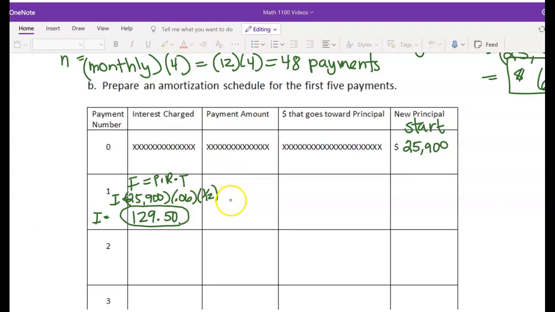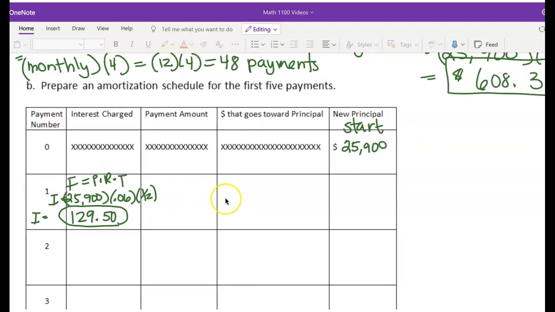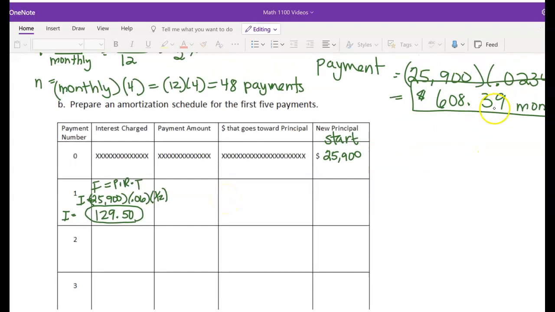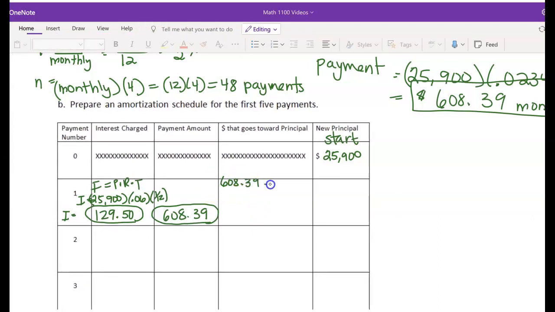The payment amount we just calculated was $608.39. So that goes here. The money that goes towards our principal is to take our payment, $608.39, and we're going to pay off that interest first.